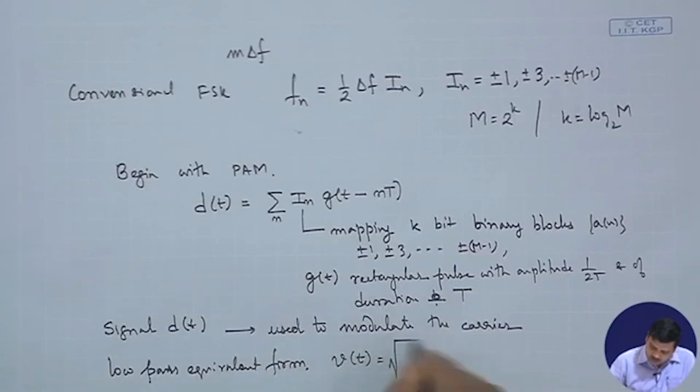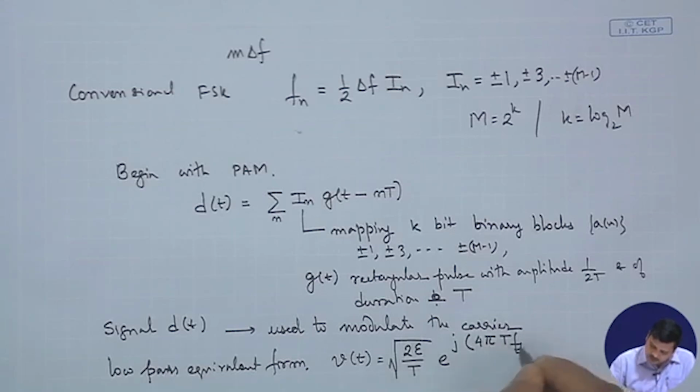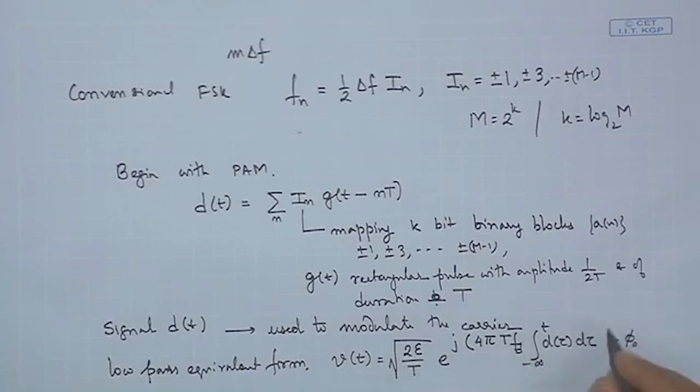This is equal to 2 times root over 2E upon T, where E is the energy of the signal, e to the power of j 4 pi T f_d, the peak frequency deviation or the sensitivity factor, integrate from minus infinity to t d of tau d tau plus phi 0, where phi 0 is the initial phase of the signal.